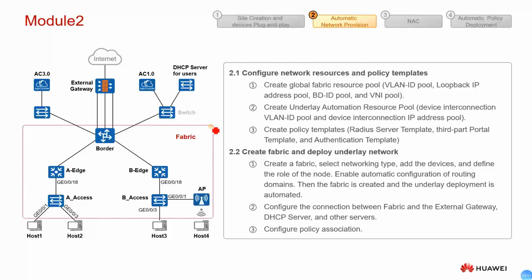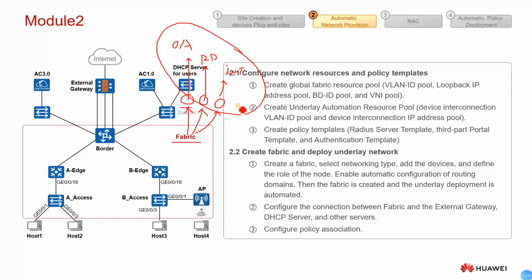Second, we are going to use this fabric to create one or multiple different virtual networks. One virtual network is used for a specific purpose, for example, the OA, the R&D, or the IoT. And we are going to call this layer the overlay layer. Okay, so the underlay, the fabric, the overlay.